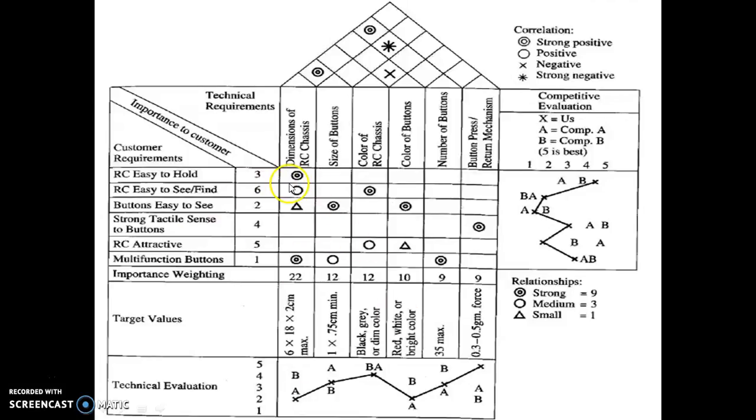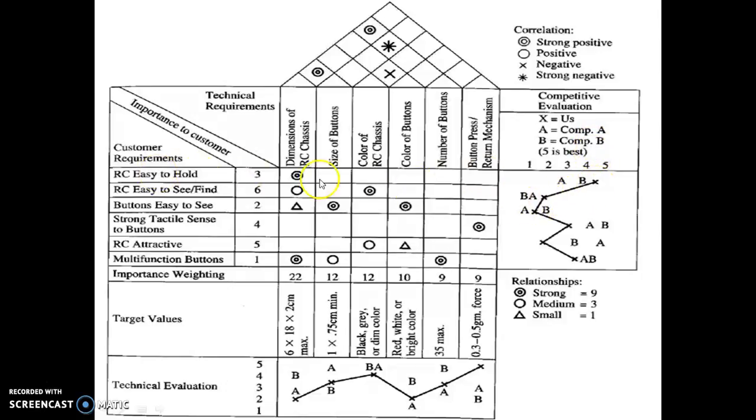So this whole graph is plotted with the relationships of customer requirements to the technical requirements and how the customer requirements are going to affect the technical requirements of the remote control. At this side we have the competitive evaluation with two other firms who are producing the same kinds of remote control.